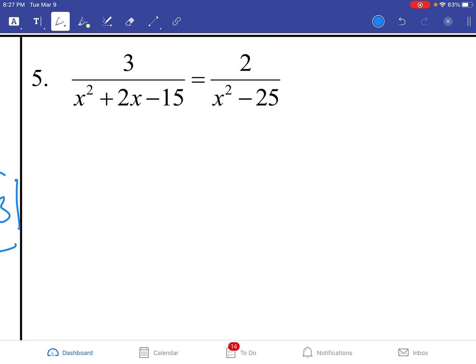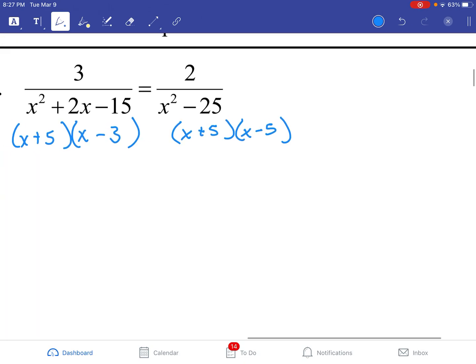Question 5. Again, we have to find the domain restrictions. Unlike the last problem where the denominators were already factored for us, these are not, so we have to factor them. We've got to figure out what two numbers multiply to negative 15 and add up to positive 2. Those would be positive 5 and negative 3. On the other side, we have a difference of two squares, x squared minus 25, which gives us x plus 5 and x minus 5.